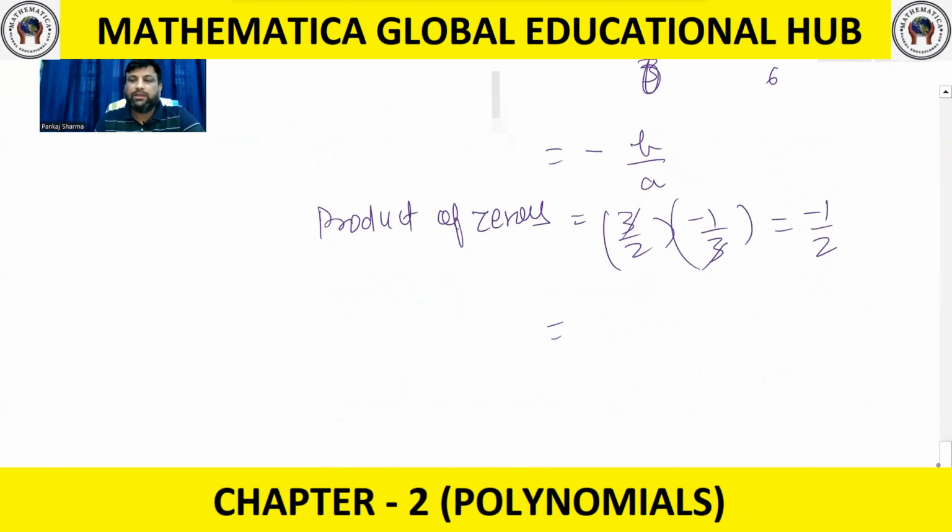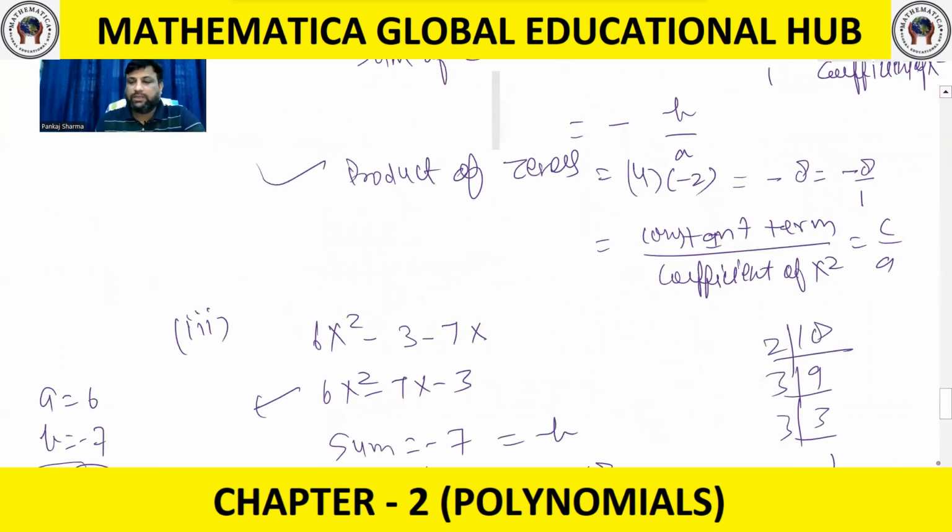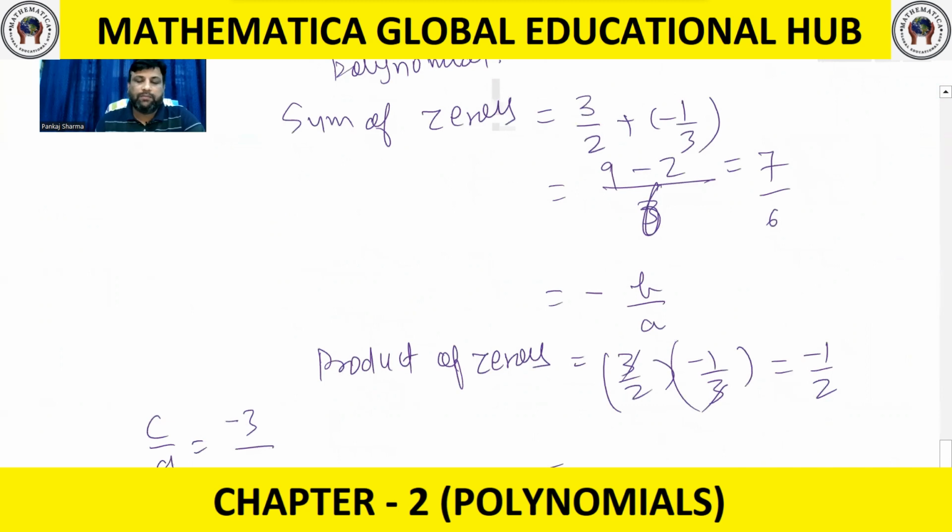And here we have A. So here you can see if I find C by A. So C is given minus 3 and A is given 6. So if I find, that will be what? Minus 1 by 2. So this is basically C by A, yes.